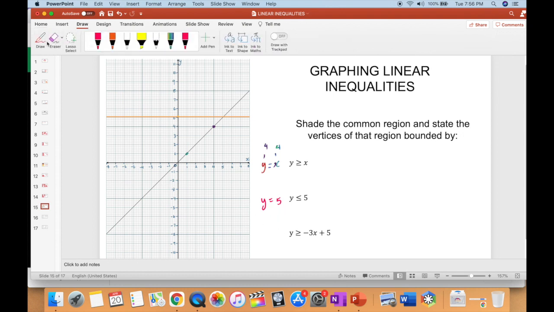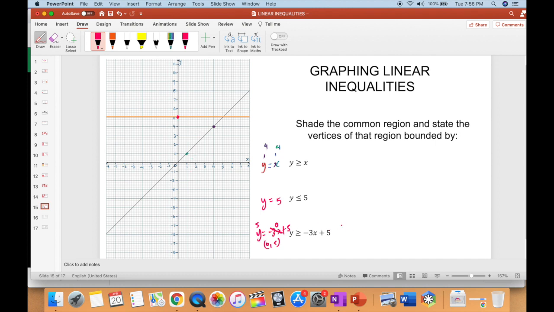Now let's do the other line, y is equal to negative 3x plus 5. When x is 0, then this whole thing will cancel off and y will end up just being 5. So the first point is 0 on the x and 5 on the y. So that's the first point there.